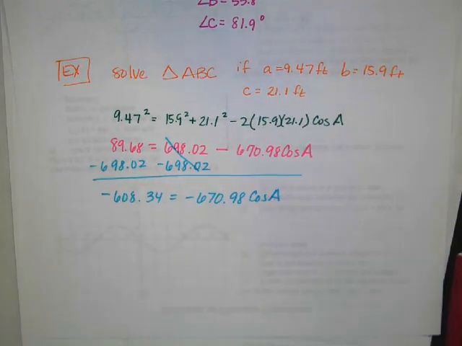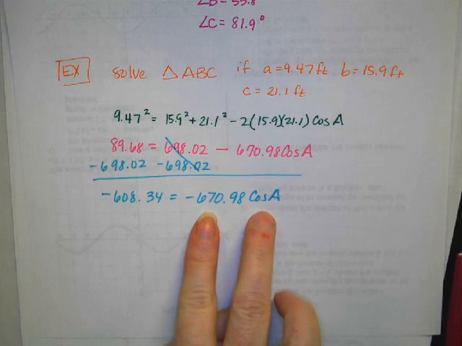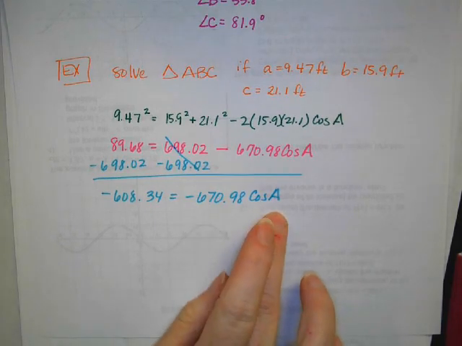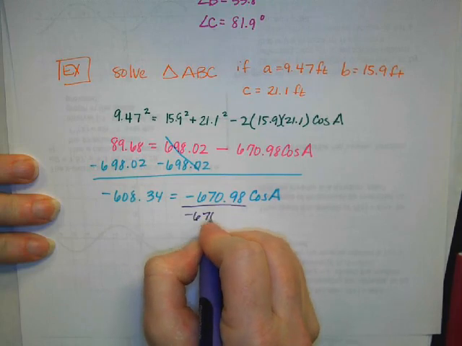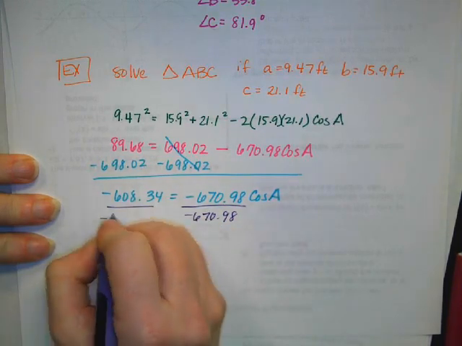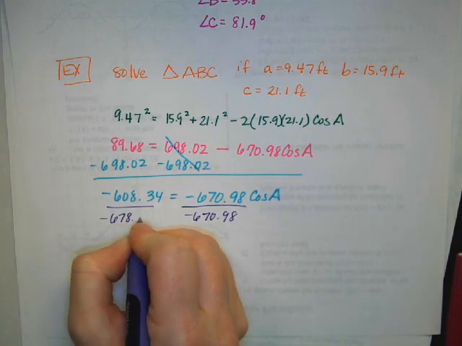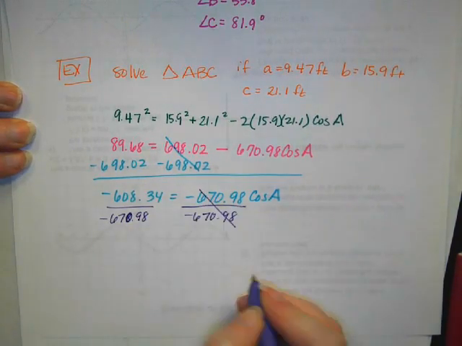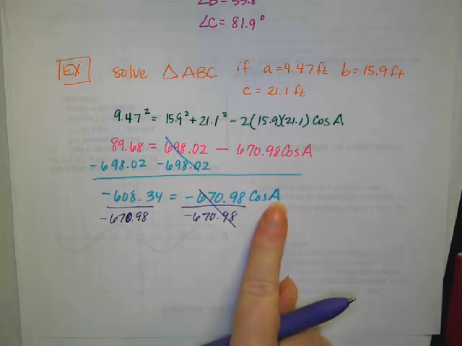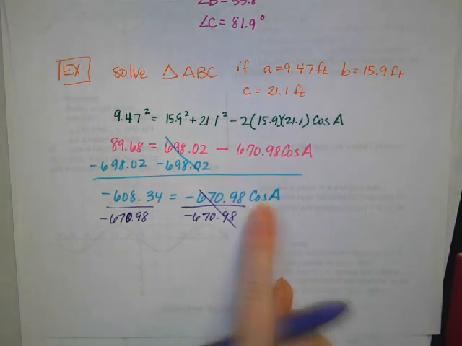Okay. All right, so now I have this, and I need to get A by itself. So I'm going to divide by negative 670.98. Oh, so you can move it. Now I can move it by division. Okay. And then I need to get A by itself, so I've got to get rid of cosine.